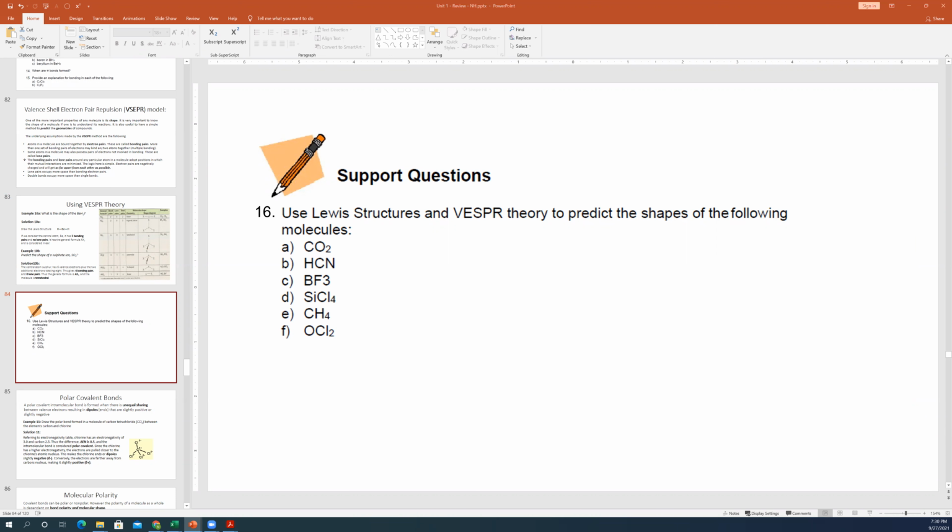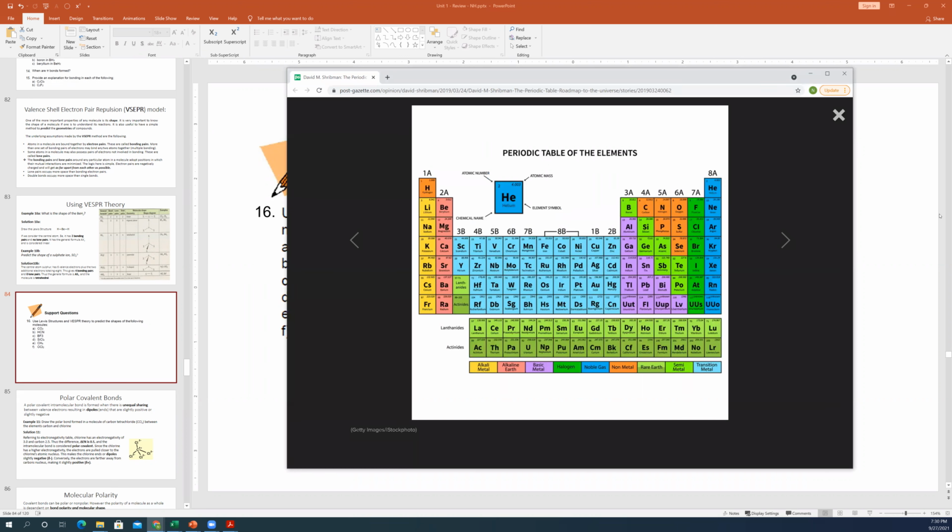F? F, okay. So F, Trigonal planar. F is a little bit different. So if you can think of your oxygen and it's bound to 2 chlorines. Now, how many electrons does oxygen have around it? Let's take a look at the periodic table just to refresh our memories.